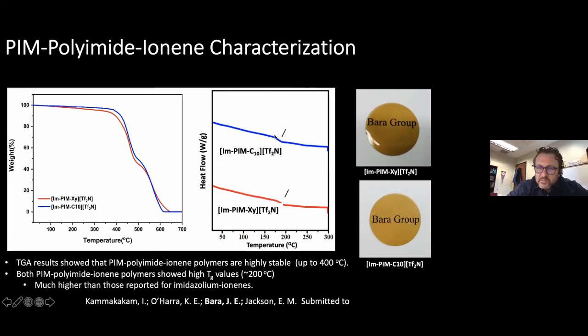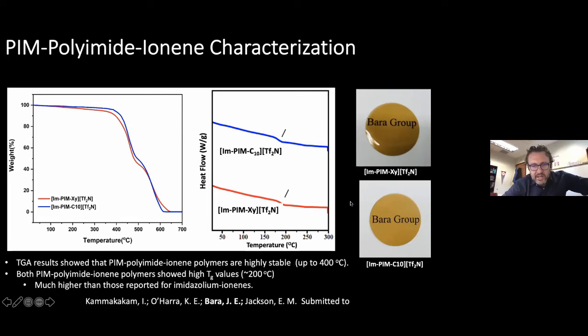Here, we don't see much difference in glass transition temperature. It's really quite a small difference, the C10 is not much less than the xylene. It's right about 200 C. And on the side, we're just seeing some example membranes that were made for this.